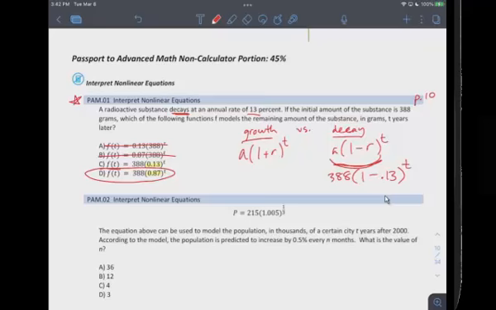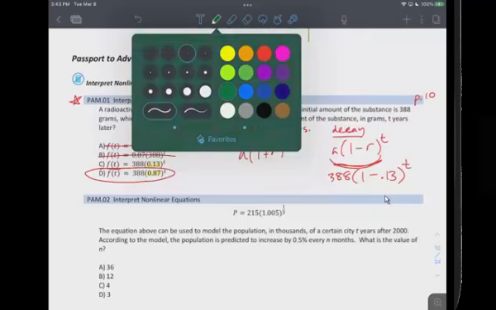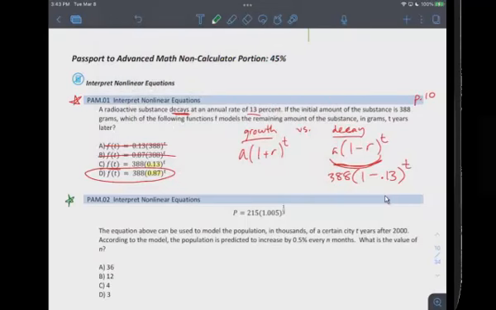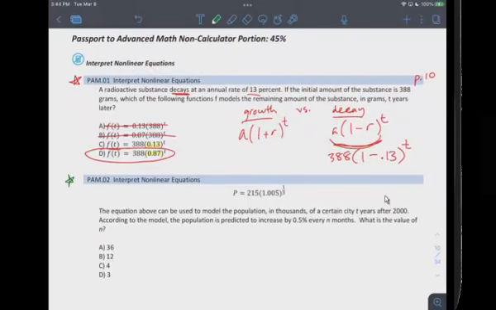All right, try the very next question. When you look at this power in your exponential growth or decay form, that number represents the number of years it takes for that change to happen. And so if we go up to here, this means that there's a decrease of 13% for every t years.